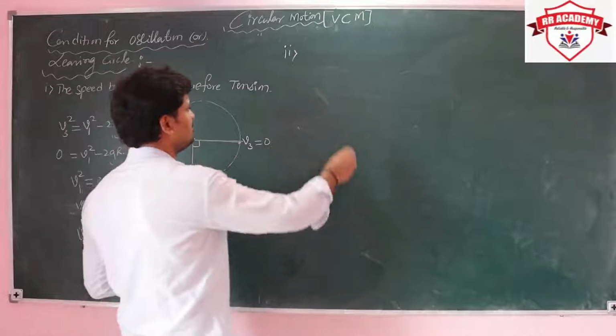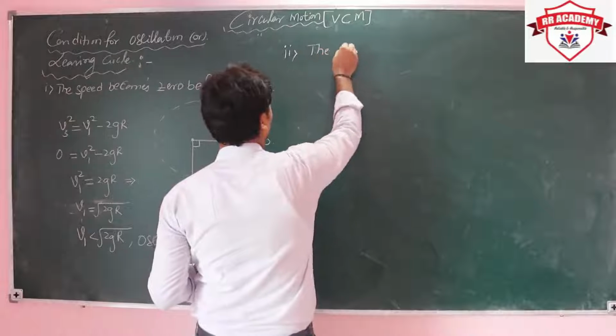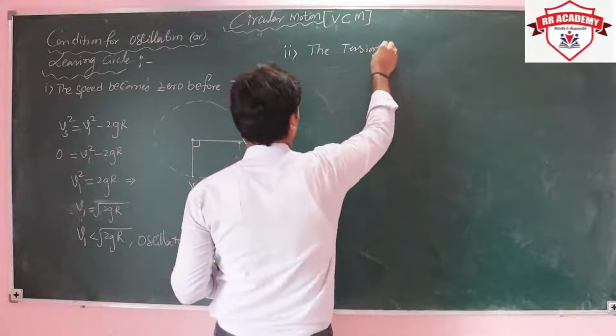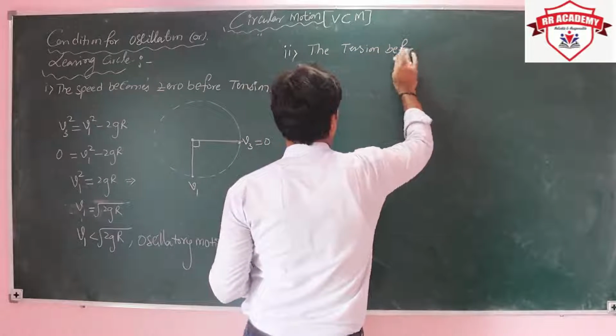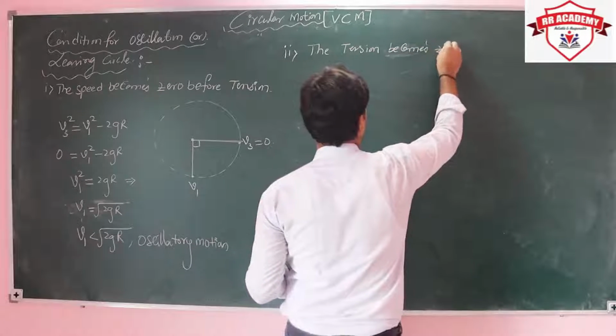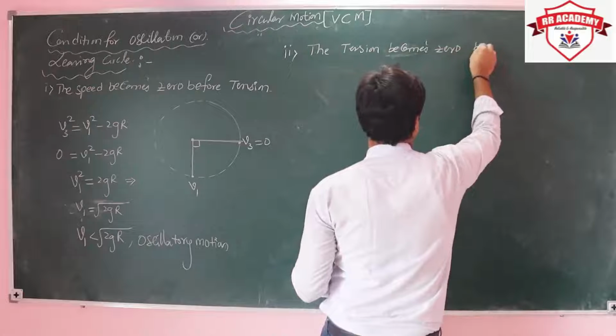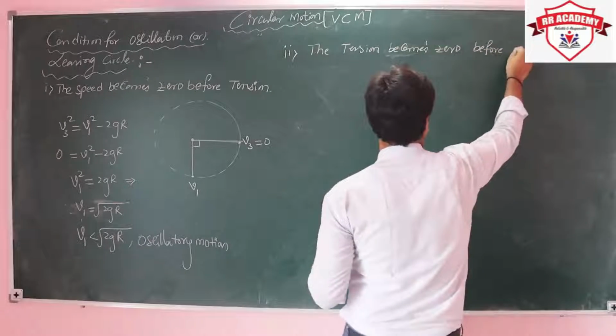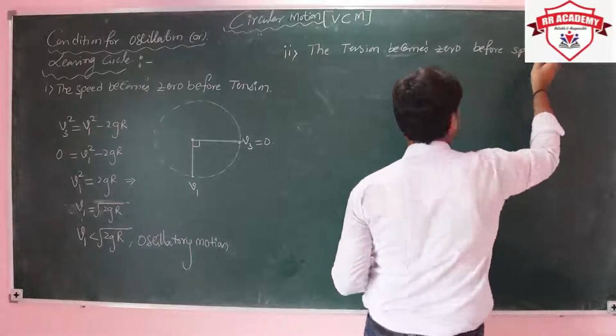If tension becomes 0 before speed, that means here speed does not become 0, tension becomes 0.